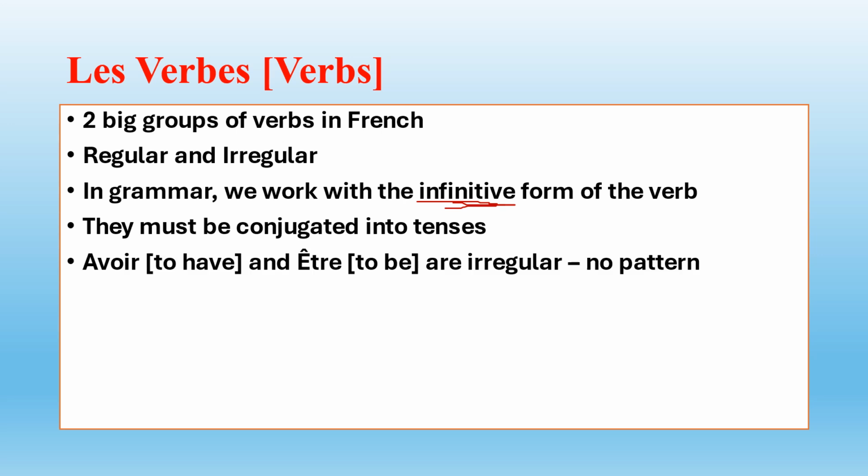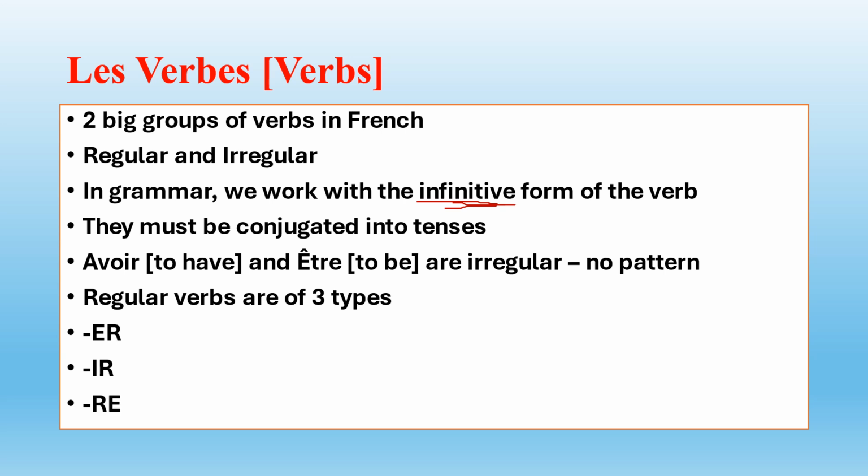So avoir, être, and aller, they have no pattern. You have to memorize them. Regular forms follow the same 3 patterns that we saw in the beginning. Look at the ending of the verb. Aller ends in er, avoir ends in ir, and être ends in re. So whether the verbs are regular or irregular, the ending shows you whether it is an infinitive.